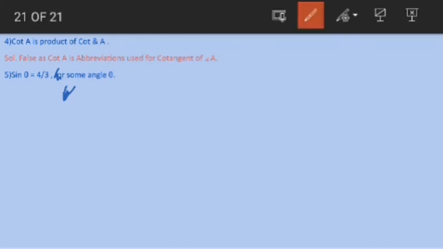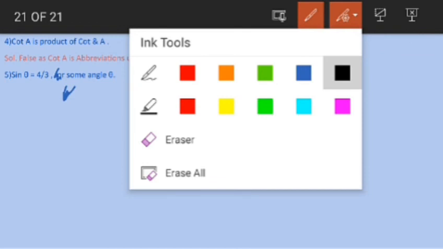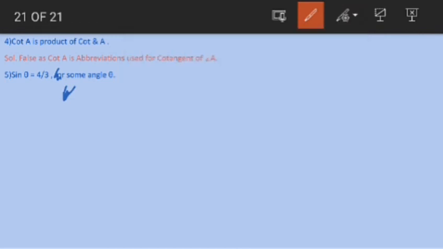Now moving to the last question part, that is cosecant of sine theta. Sine theta is equal to 4 by 3 for some angle theta. Remember that, class. Here the value is not going to be sine theta equals 4 by 3.